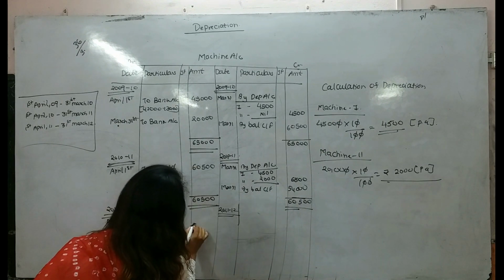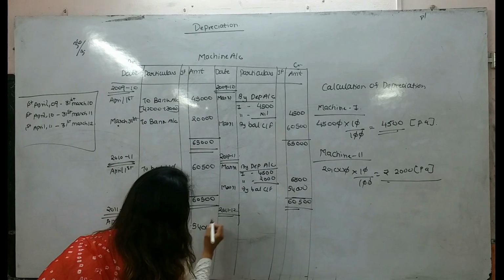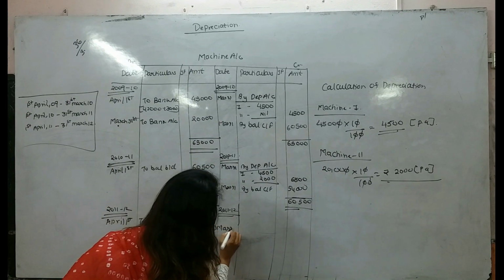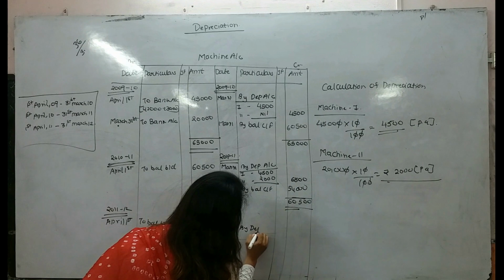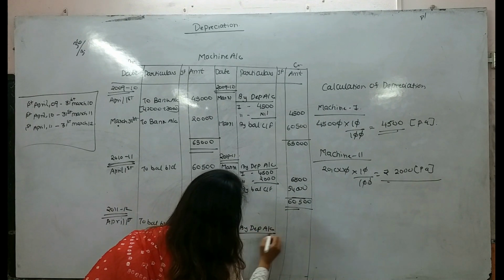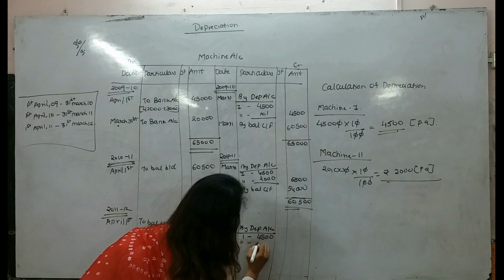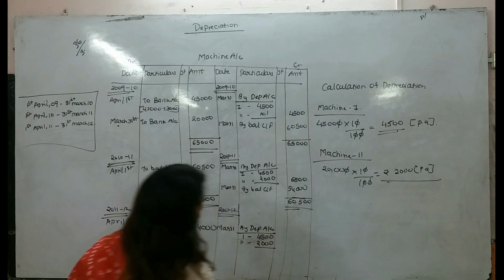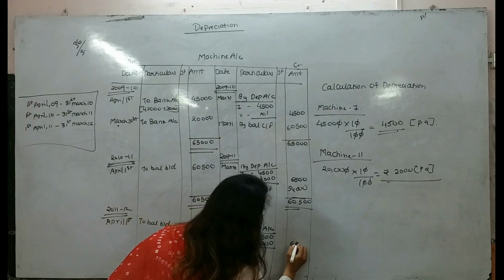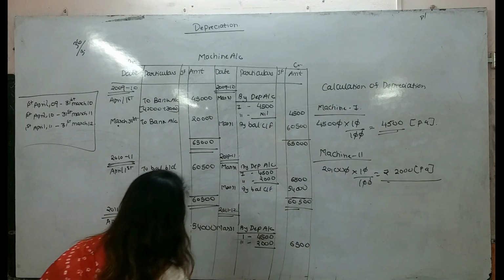March 31st, by depreciation account, the first machine will get decreased by 4,500, the second machine will get decreased by 2,000. So total it will get decreased by 6,500.